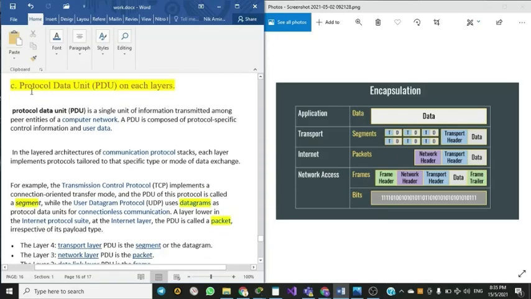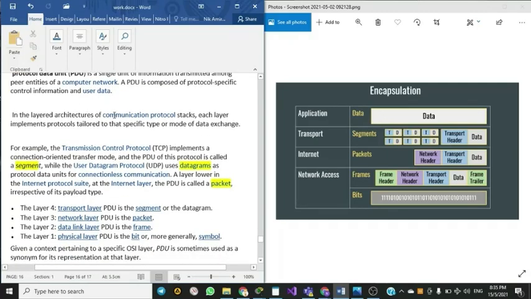Now I'm going to talk about the protocol data unit, or PDU, on each layer. A PDU is a single unit of information transmitted among various entities of a computer network. A PDU is comprised of protocol-specific control information and user data.